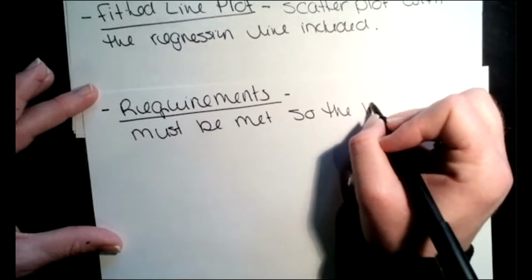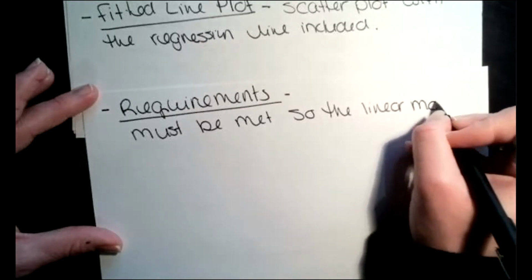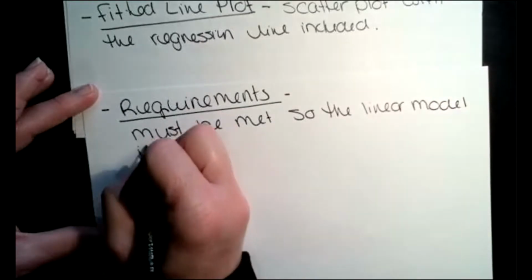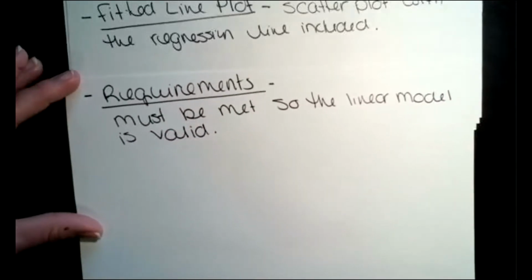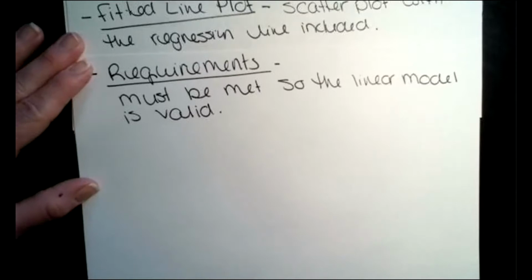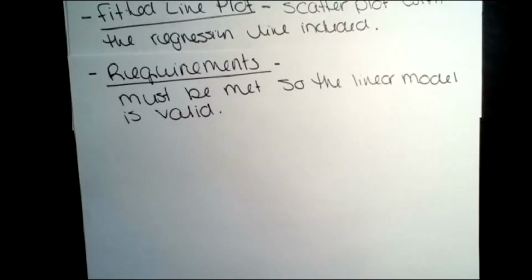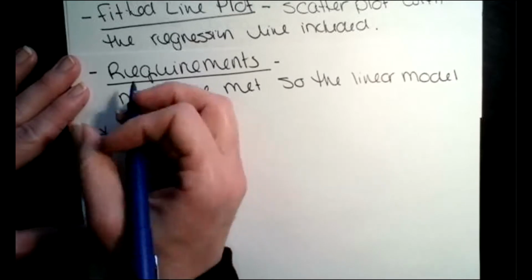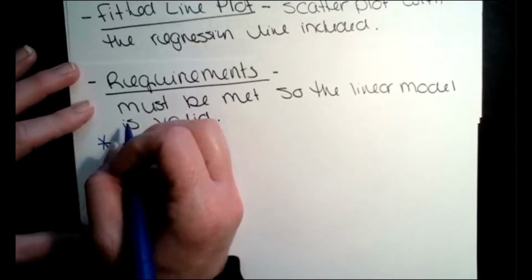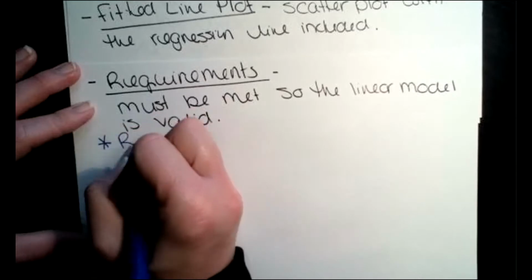So the linear model is valid. If you don't meet a requirement, then you say the linear model's not valid, okay? I actually have separate notes typed up, called the residual analysis notes. They're not in our regular typed notes, but separate.